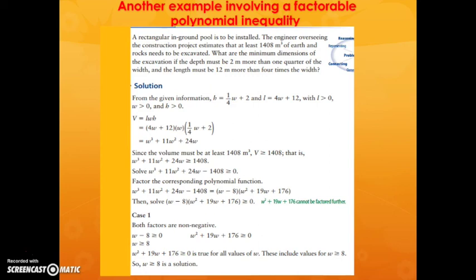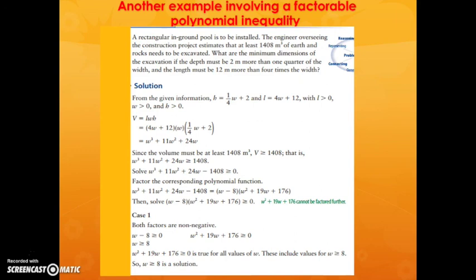Based on the given information, H equals 1 over 4 W plus 2 and L equals 4W plus 12, with L more than 0, W more than 0 and H more than 0. From the formula V equals LWH, (4W plus 12) multiplied by W multiplied by (1 over 4 W plus 2), you'll get W cubed plus 11W squared plus 24W.